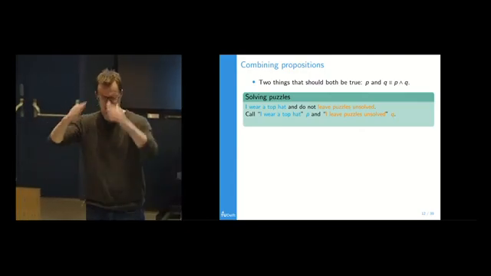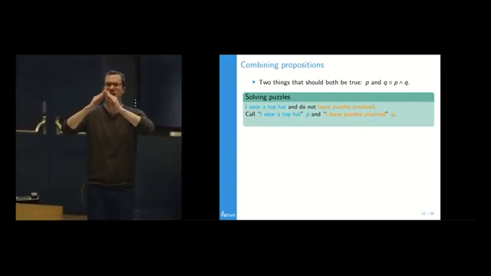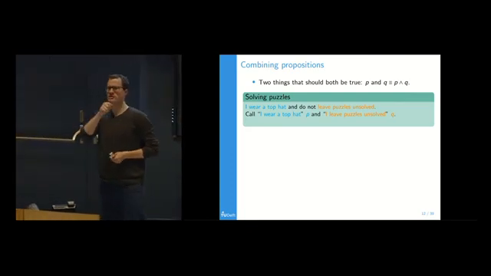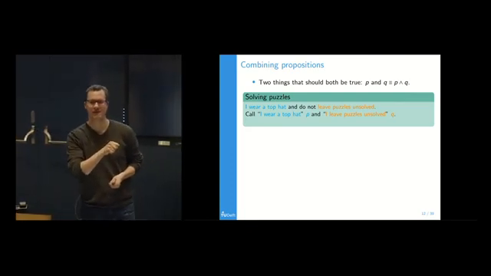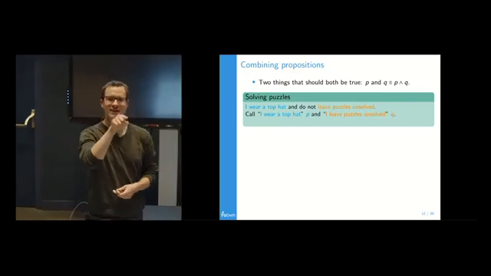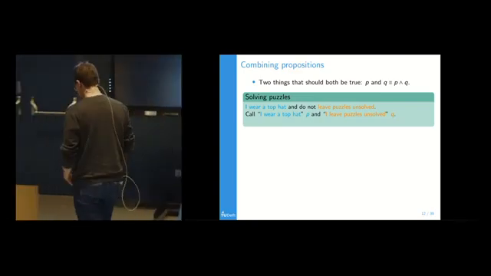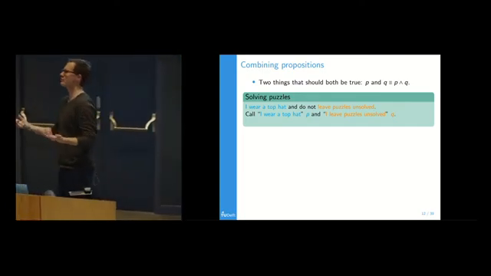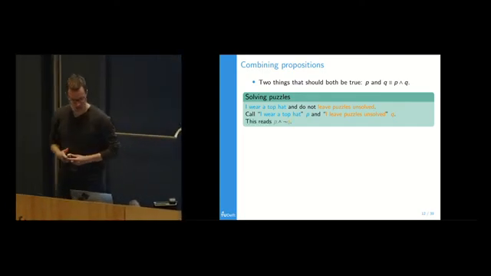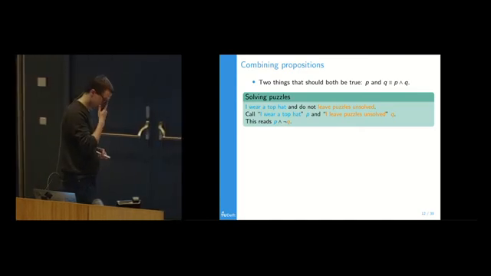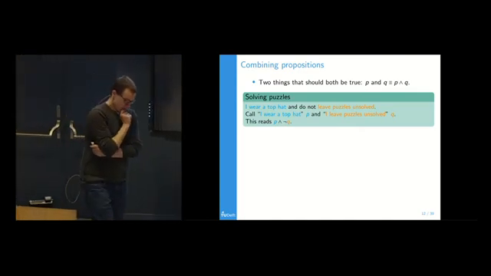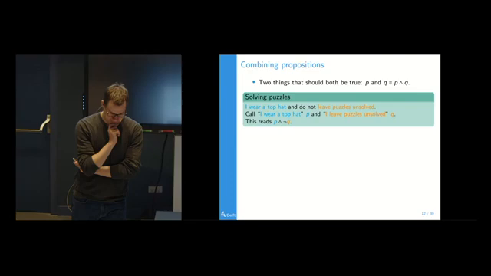P, and then the wedge, right, for the and then Q, or something else first? The hook thingy, and then the Q, yes. P, wedge, hook thingy, Q, or in more normal, more accepted English, P and not Q. 2 things that should both be true.